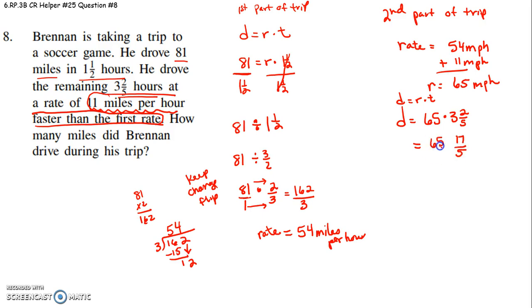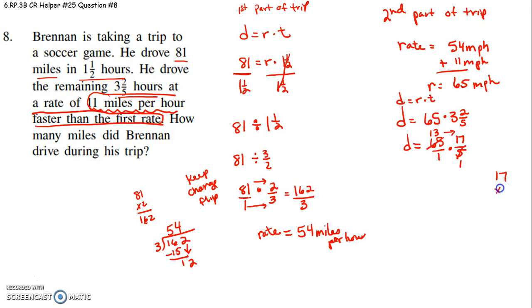I have 65, which is the same as 65 over 1 times 17/5. I could multiply straight across the top, straight across the bottom. However, to make that multiplication a little easier, I can say 5 goes into 5 once, 5 goes into 65 13 times. Then multiply straight across the top.